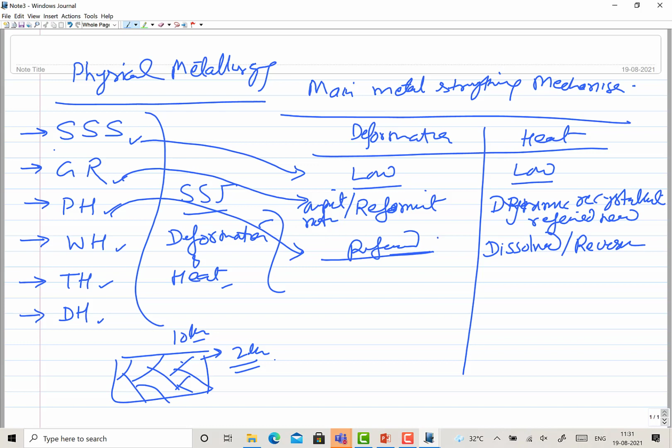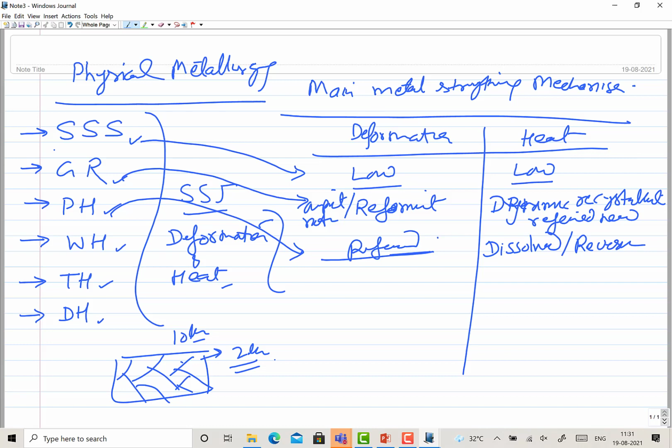On the relative importance of these changes, I will talk a little later, because this has to be understood depending upon the strengthening mechanisms and the way by which heat and pressure are being applied. The relative importance of each mechanism or each change can vary significantly. It can be significantly different for the different applications of deformation and heat.